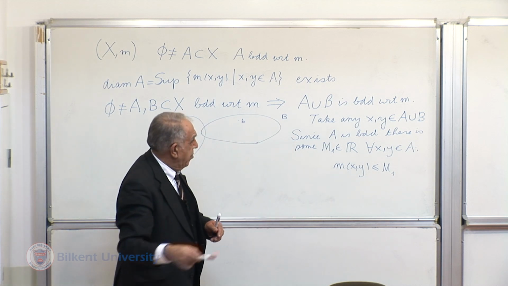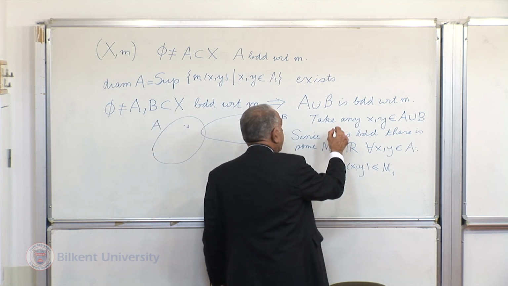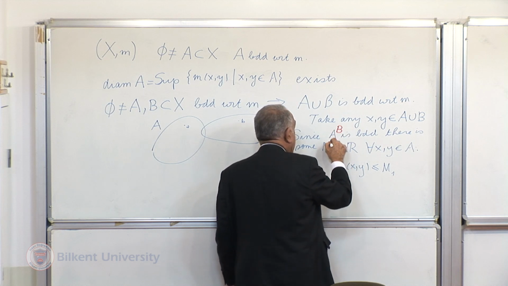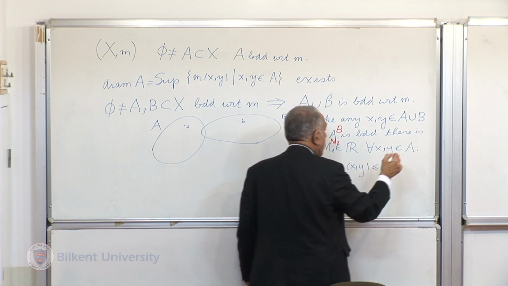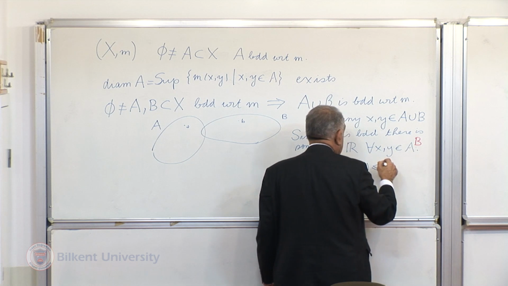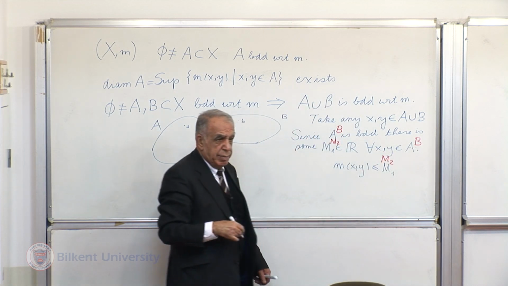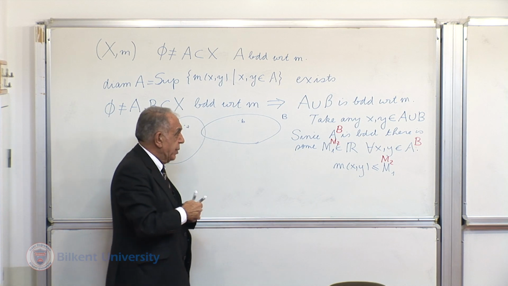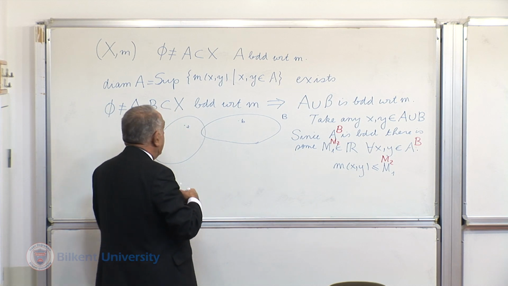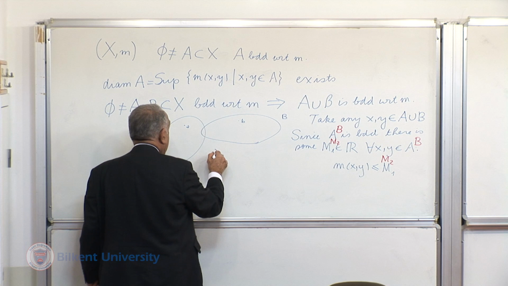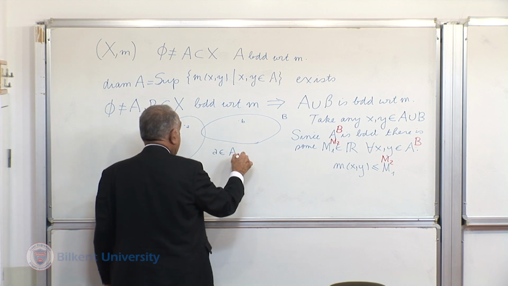But since B is bounded, there is some M2 such that for all x,y in B, this quantity will be less than or equal to M2. And here, a in A, b in B fixed.